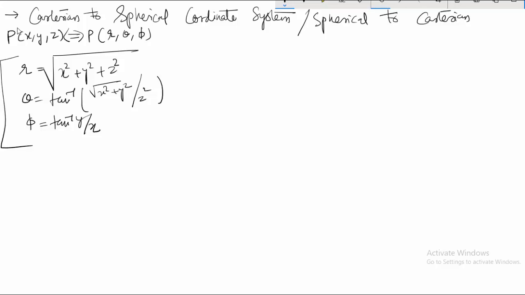This is when you have the values in Cartesian system and you are converting to spherical.